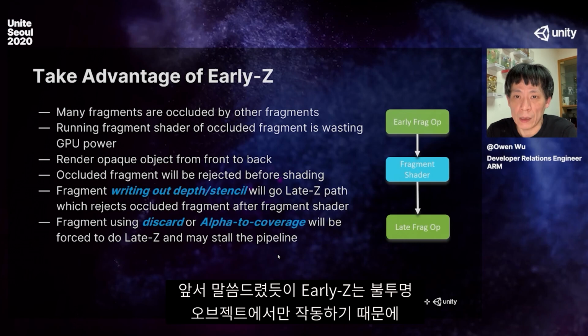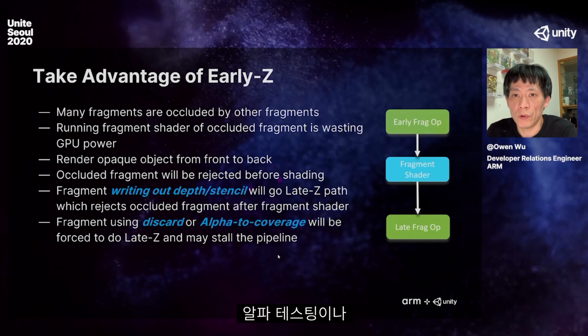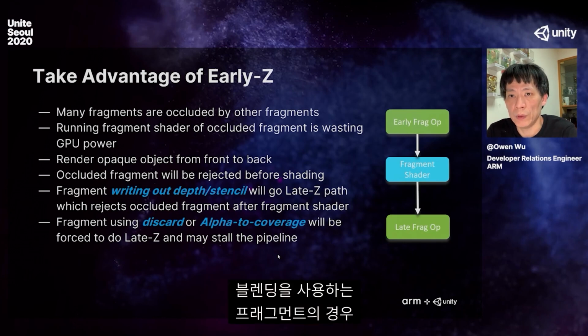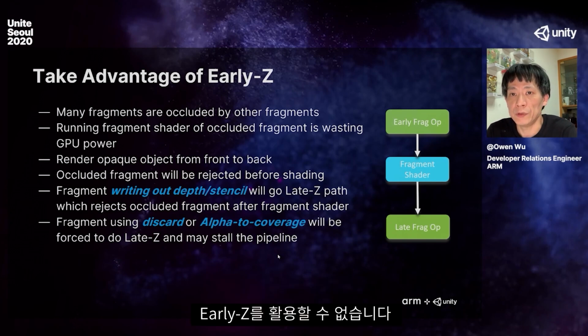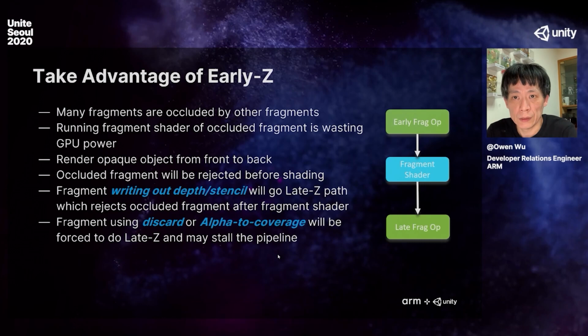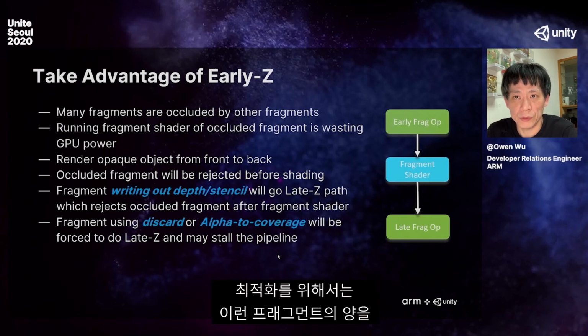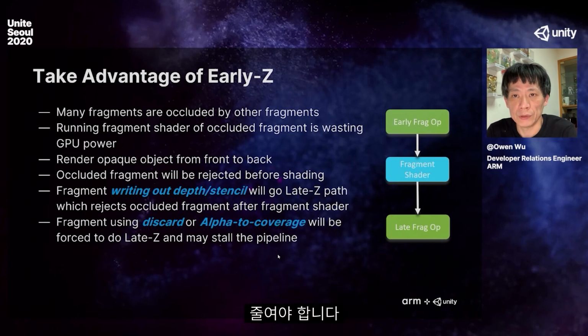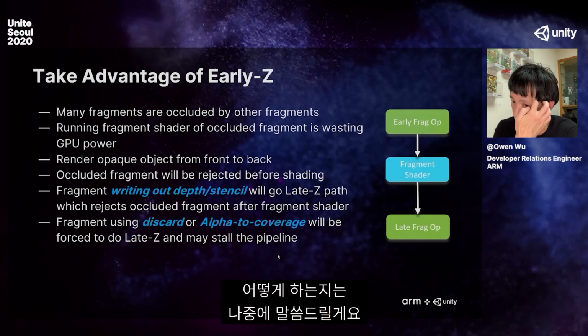So I just say RZ only works for opaque objects. So fragments that are using alpha testing or blending cannot take advantage of RZ. So for optimization, you should try to reduce the amount of this kind of fragment. And I will talk about how to do it later.